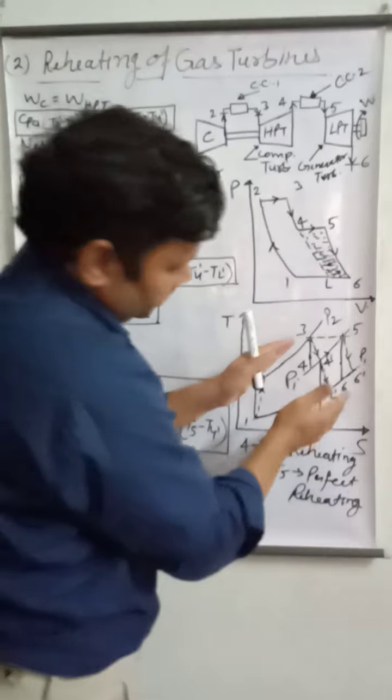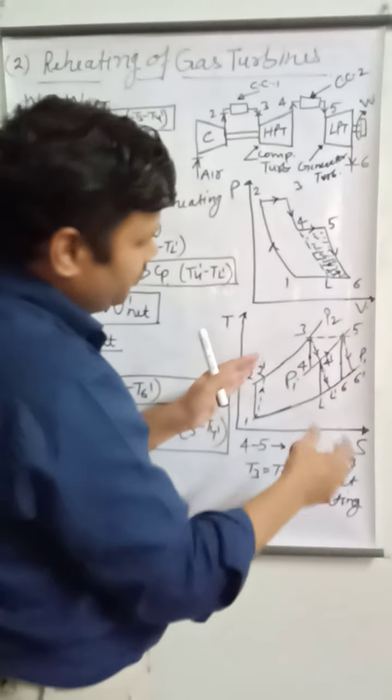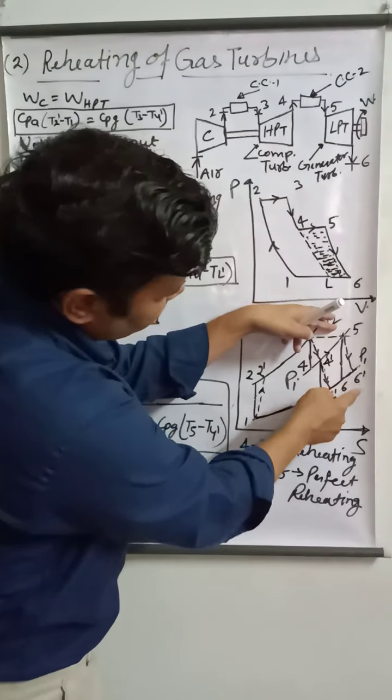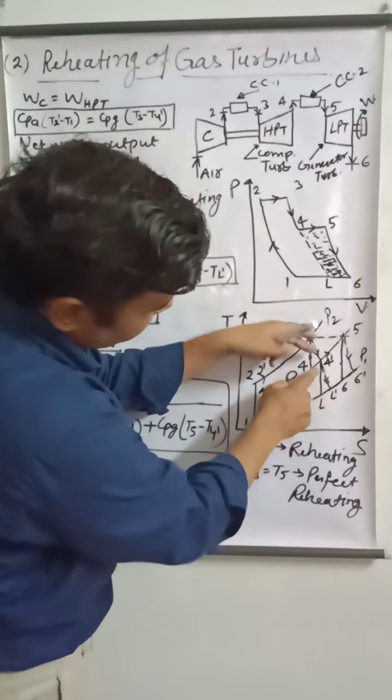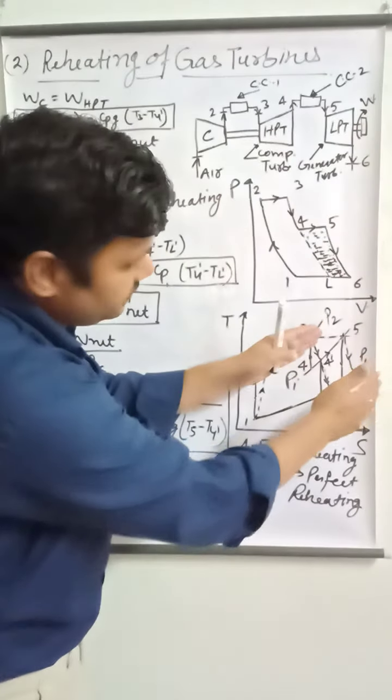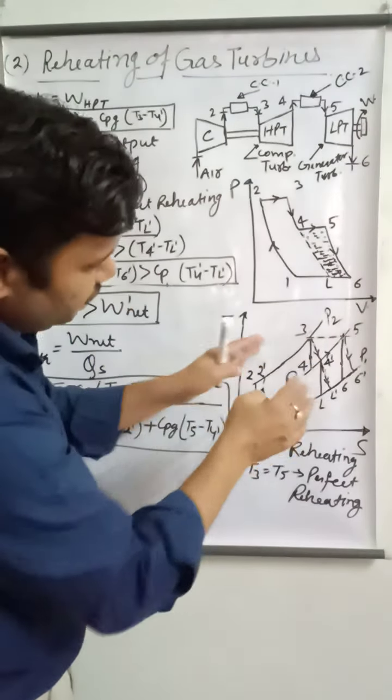Now the pressure lines diverge as we go to the right of this. So from here we can see that T5 minus T6 dash is greater than T4 dash minus TL dash due to the divergence of pressure lines on the right side, right?